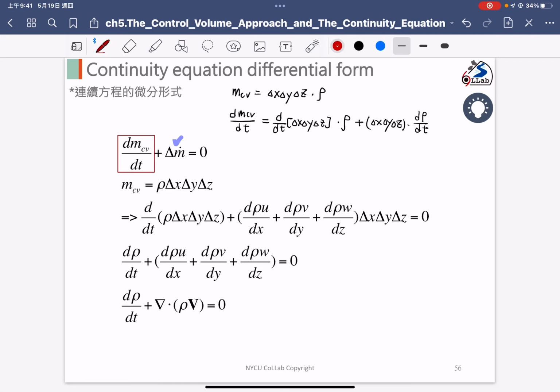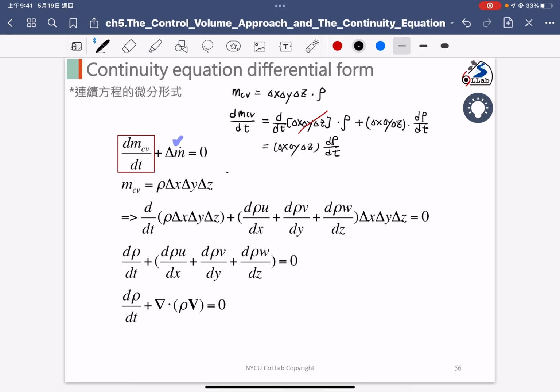And we know that for the cubic particle the volume cannot change with time, so we don't have this item. So finally dMCV/dt only has delta x, delta y, and delta z times ∂ρ/∂t, right?